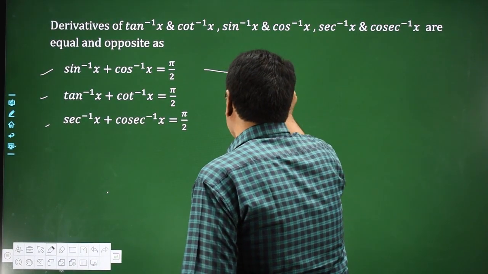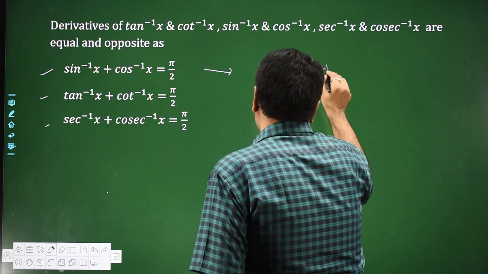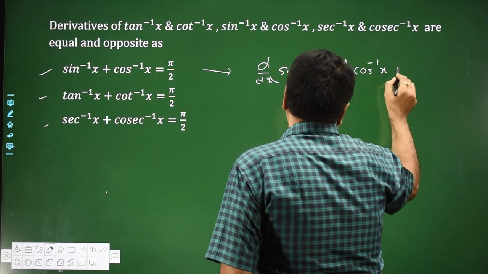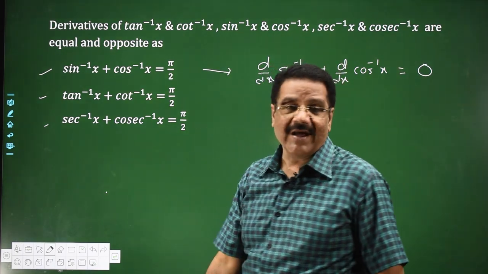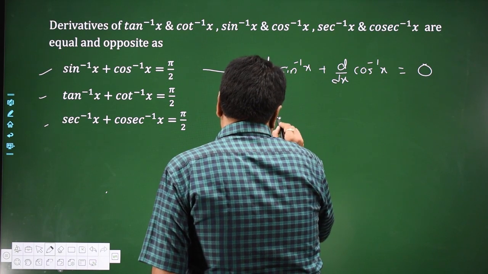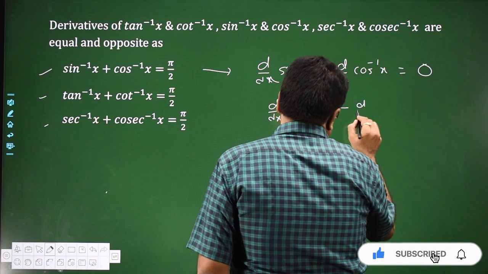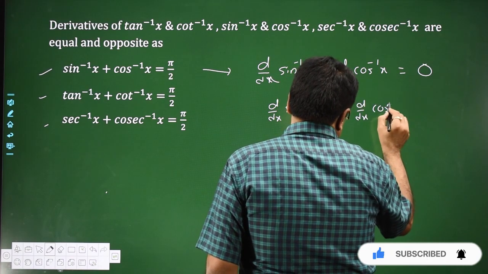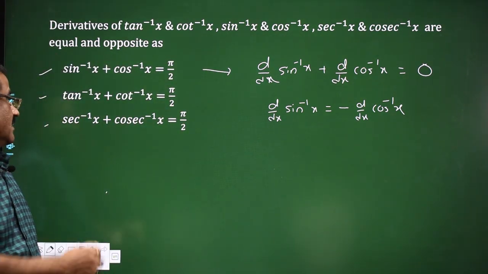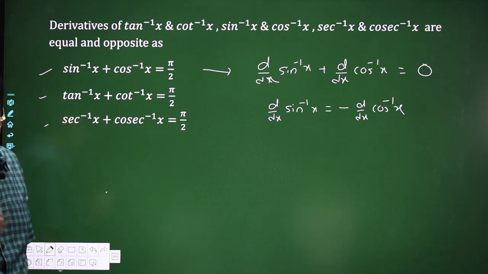If I take the derivative, d by dx of sin inverse of x plus d by dx of cos inverse of x, then derivative of pi by 2 is 0, and therefore we can say that d by dx of sin inverse of x is equal to minus d by dx of cos inverse x. So this is the reason why the derivatives of sin inverse, cos inverse, tan inverse, cot inverse, and sec inverse and cosec inverse are equal and opposite.